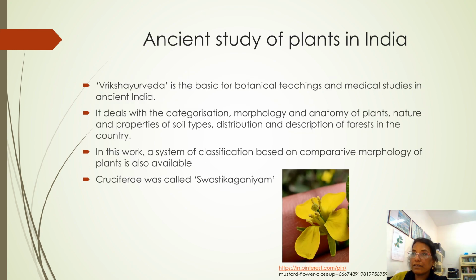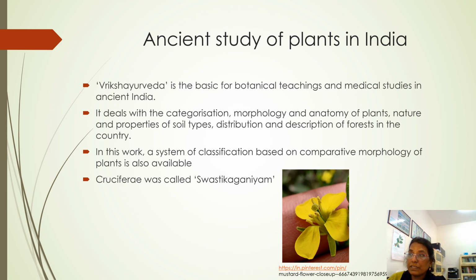In India, the history of botanical science dates back to the Vedic period, that is approximately 1500 BC to 500 BC. It started with the development of agriculture when humans undertook cultivation of various food crops.